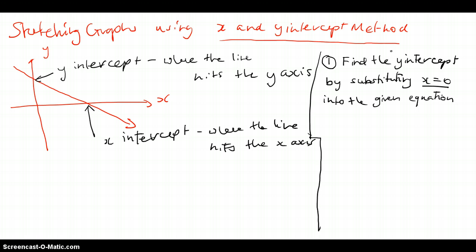The key thing here is when you want to find the y-intercept, you need to substitute x is equal to 0 into the given equation.